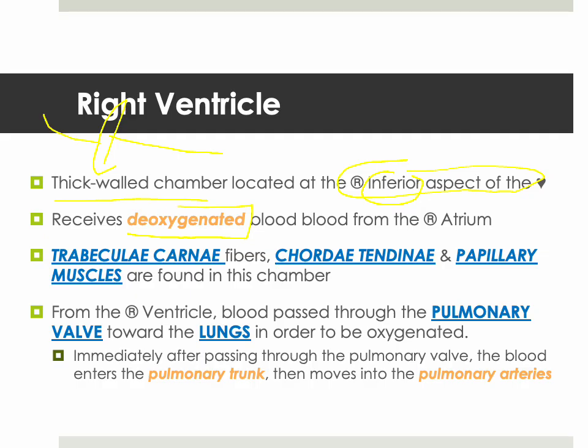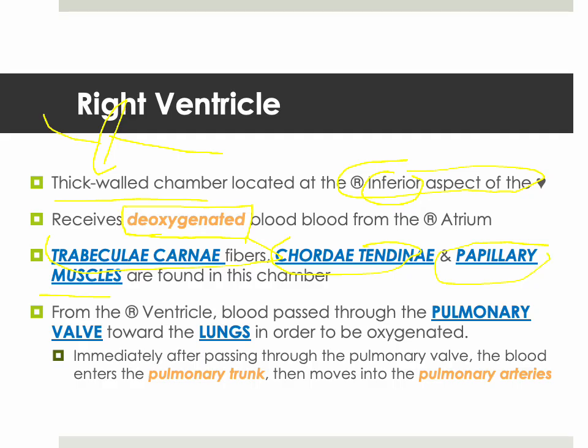Okay, keep that in mind, deoxygenated. All right, so there are trabeculae carneae, chordae tendineae, and the papillary muscles. You will see that in some diagrams, so don't get too confused.